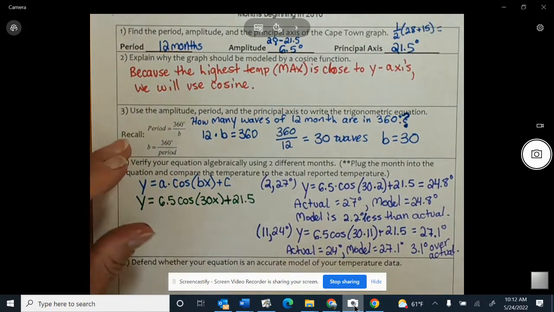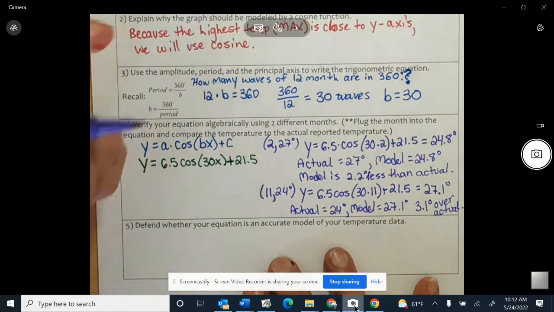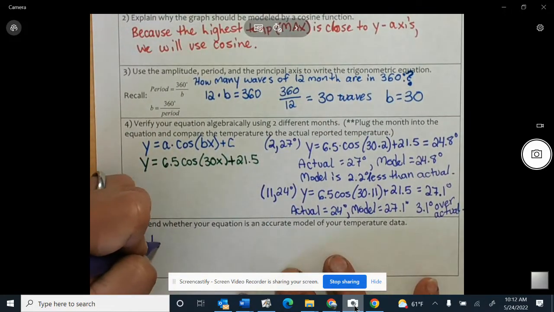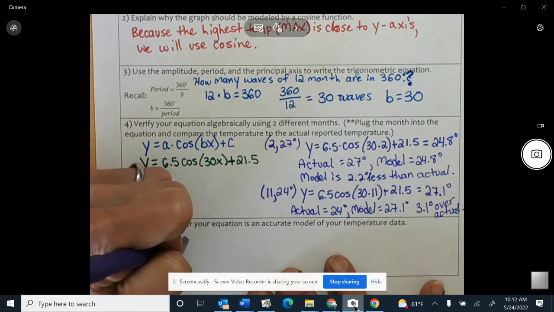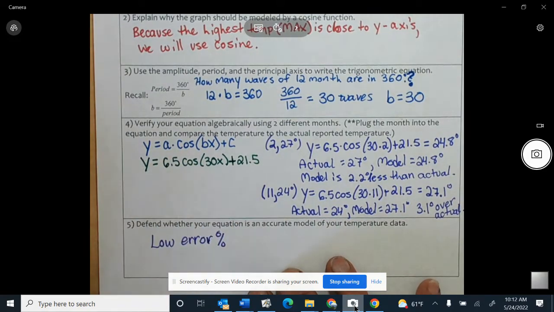Okay, now I would argue that there is a low error percent.